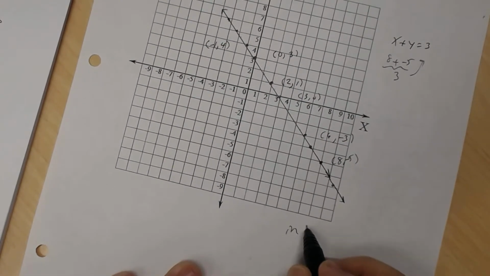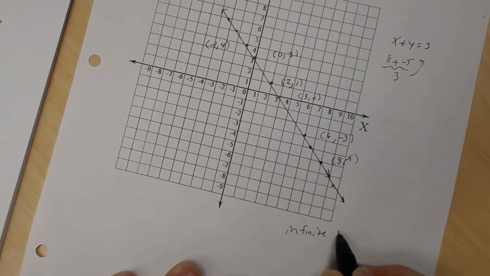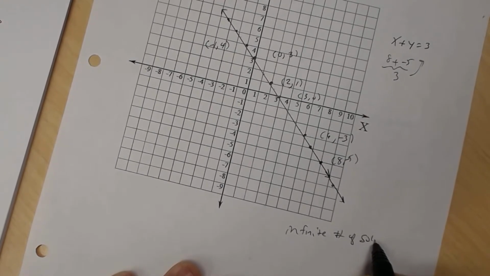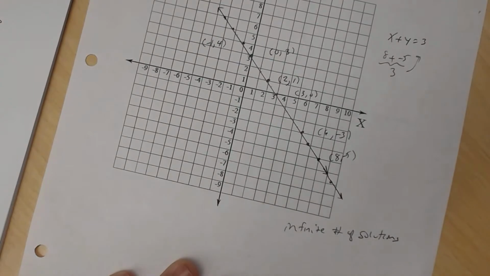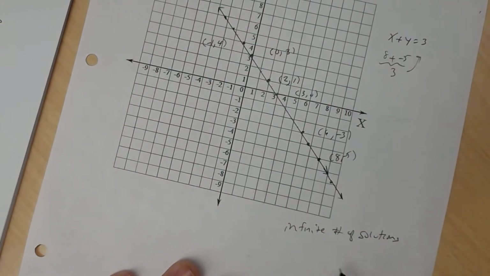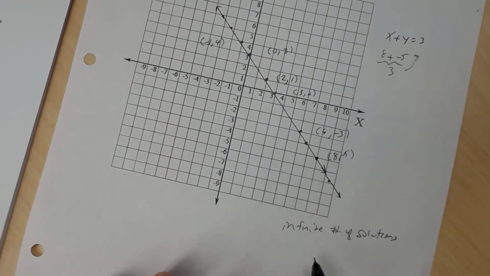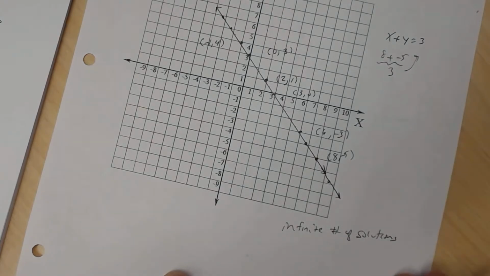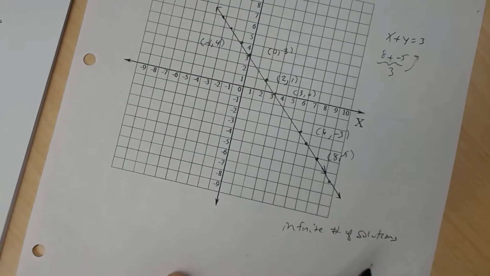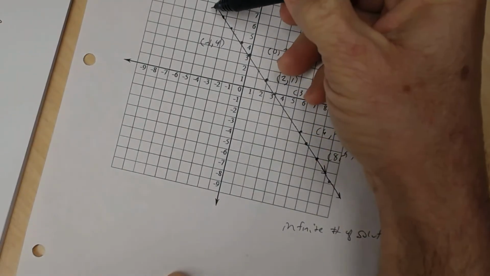And since we use the word infinite, there's no way you can list the solutions. There's not a finite number. There's an infinite number. So the way we do this is to graph the line.